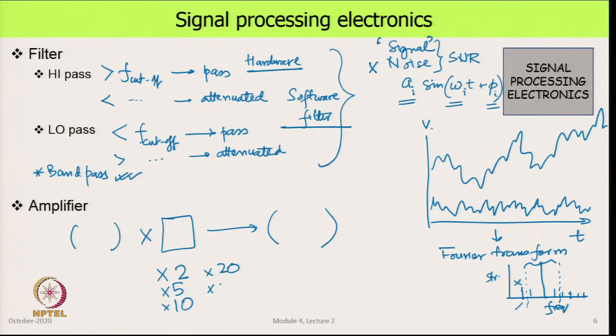You could multiply it by 20, 50, 100 or even 1000, and you got fixed amplification. These days you can get amplifiers where you can select even other values instead of just these ones. So, this was what was earlier as hardware amplification.